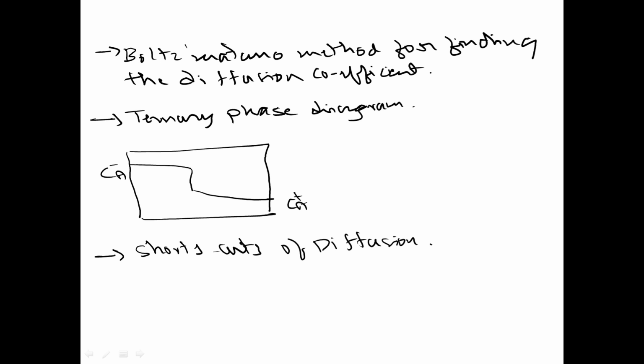But in these shortcuts, we see how diffusion is affected by the presence of different aspects such as grain boundaries as well as dislocation densities. We will understand how the diffusion coefficient is affected if there is a dislocation, and how it changes for particular elements if there are grain boundaries.